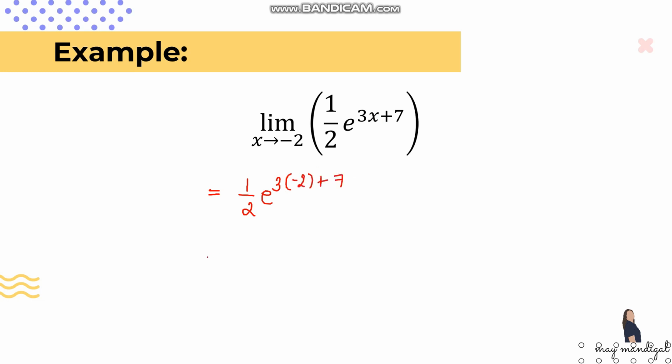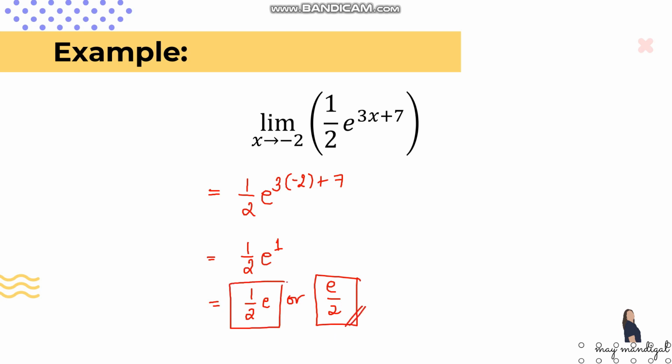Then you simplify this. 3 times negative 2 is negative 6, plus 7. So we have 1 as the exponent of e. Since e is raised to 1, that is just equal to e. And then multiply it by 1/2. You can just write 1/2 e, or you can write it as e over 2. This will be your answer.